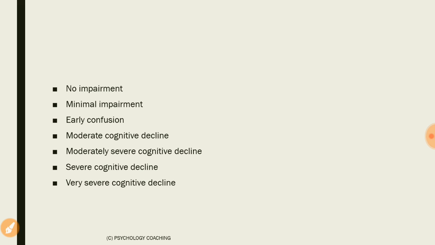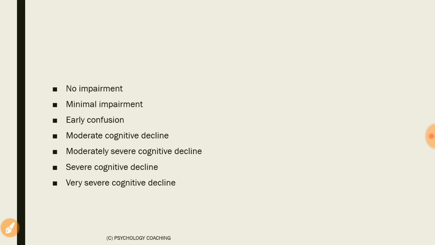They can still recall their own name, but they would have problem in recalling the other person's name, and there would be problem in urination. They would lose their ability to take bath. They would need help while going to toilets. So these are the changes that you can observe in stage 6.